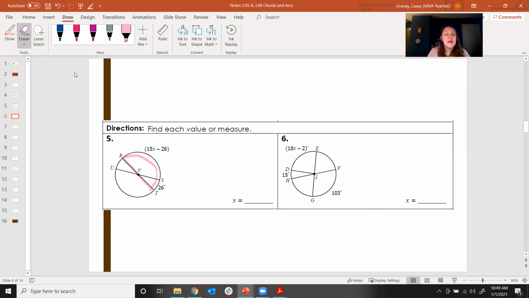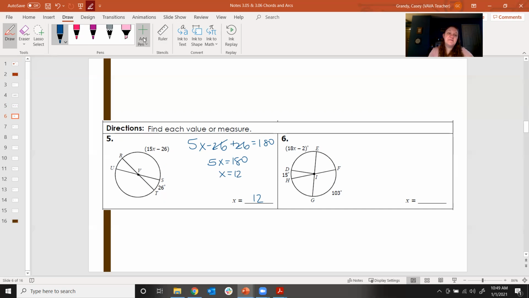It measures 180. So I can say that 15x minus 26 and 26 together have to add up to 180 degrees. All right, well, negative 26 and positive 26 actually cancel. So I get 5x equals 180. Divide both sides by 5, and x equals 12.